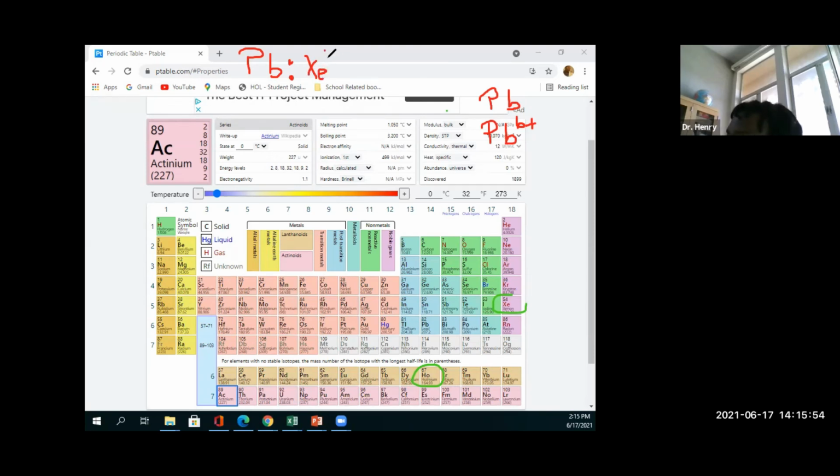I'm going to put that in brackets. 6s2. What was it? Now follow the road. So 4f14. No, 5d10. Because remember, it can only hold 10. You mean 6p2. Okay, are you guys with me?